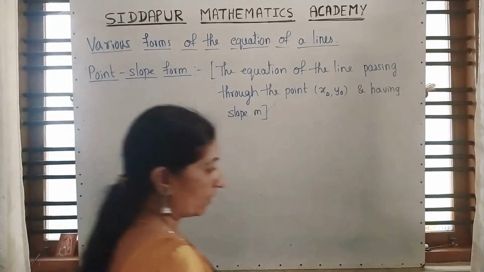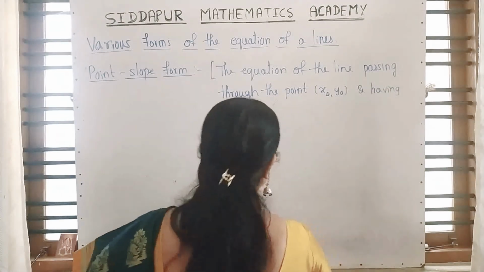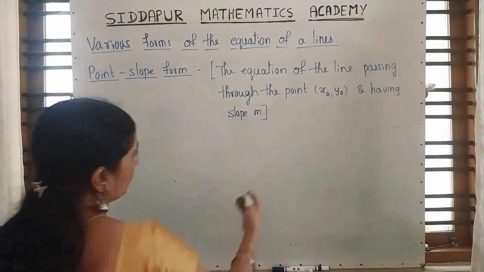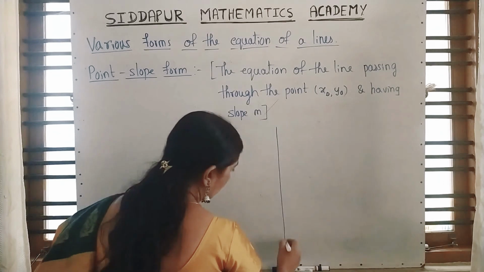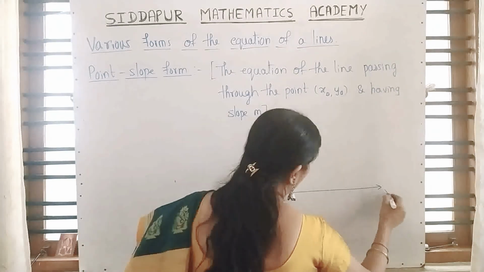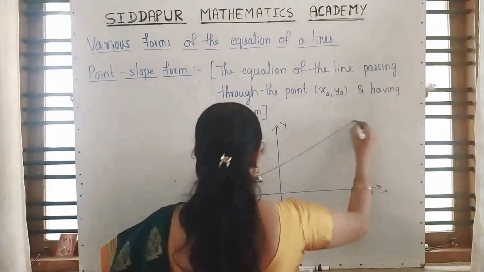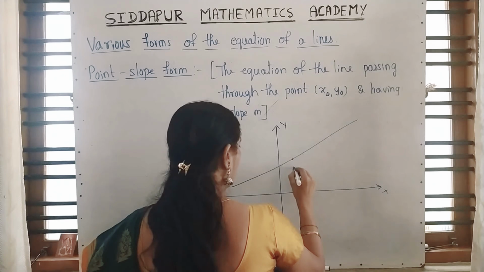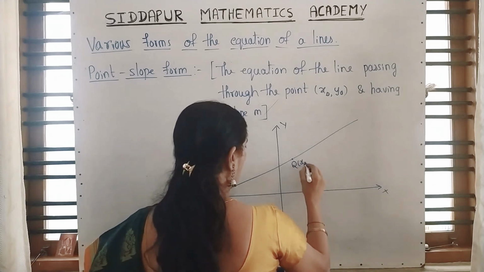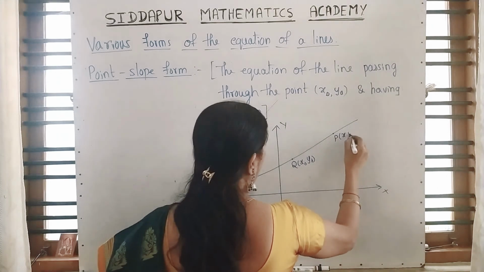First draw the figure. The figure is very important. This is x-axis, this is y-axis. This is the point Q, x0, y0, and this is the point P, x, y.